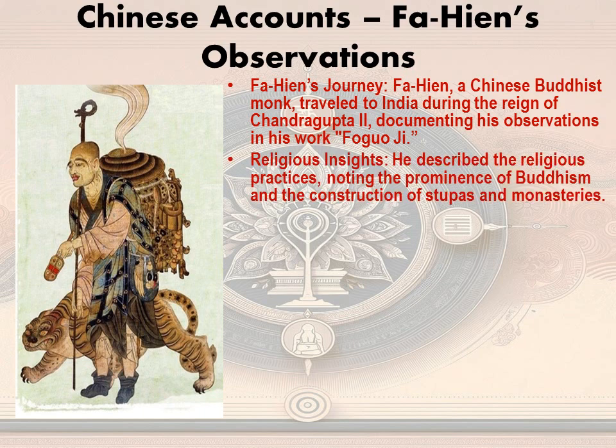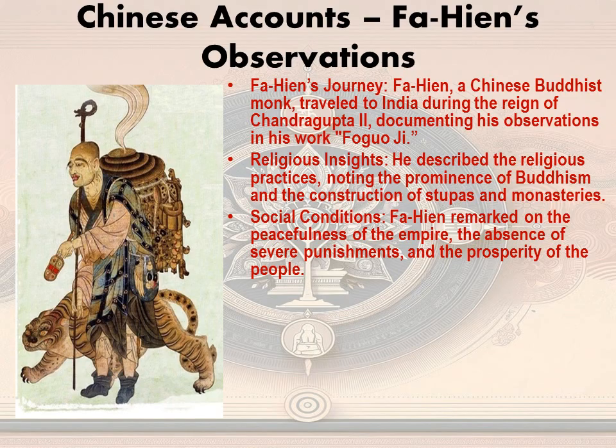He described the religious practices, noting the prominence of Buddhism and construction of stupas and monasteries. So, Buddhism was the most prominent religion in the Indian subcontinent at that point of time, and there was construction of stupas and monasteries going on during the Gupta dynasty.